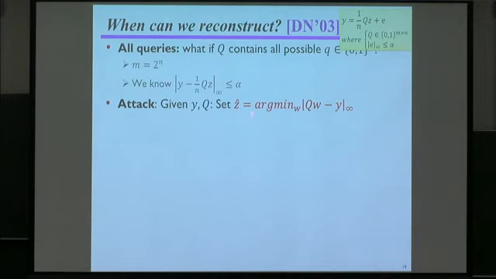He's going to find a vector W of zeros and ones, which minimizes the distance between the released statistics and the statistics for W. Okay, so this is a natural candidate for Z.